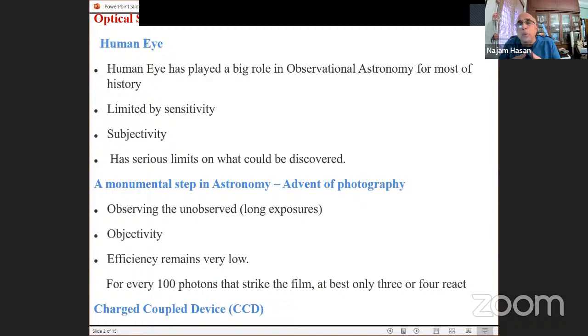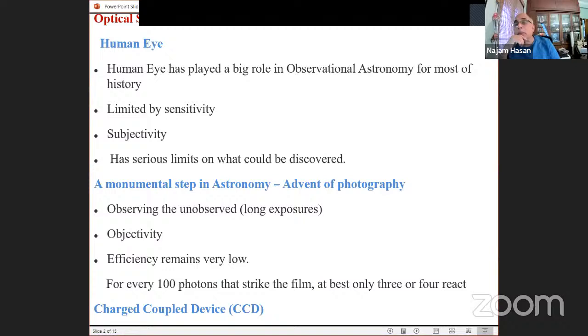What one person sees as a bright object, the other may see as faint, and there is a lot of subjectivity involved in it, and it has serious limits on what could be discovered and so on.